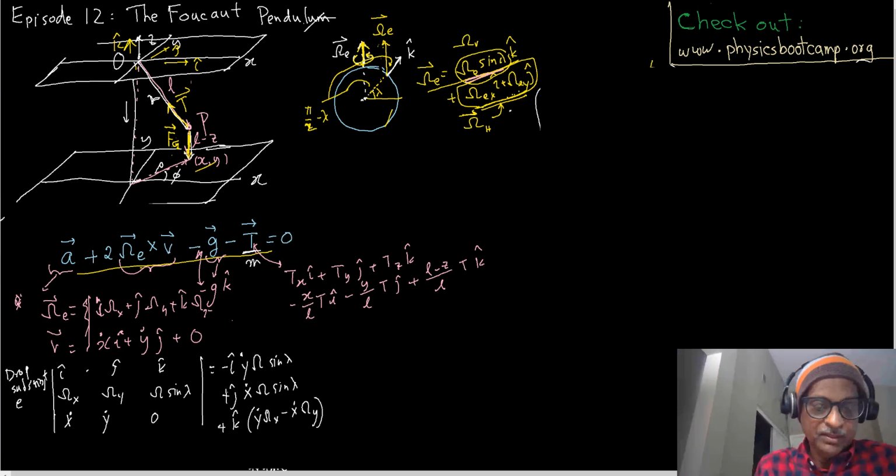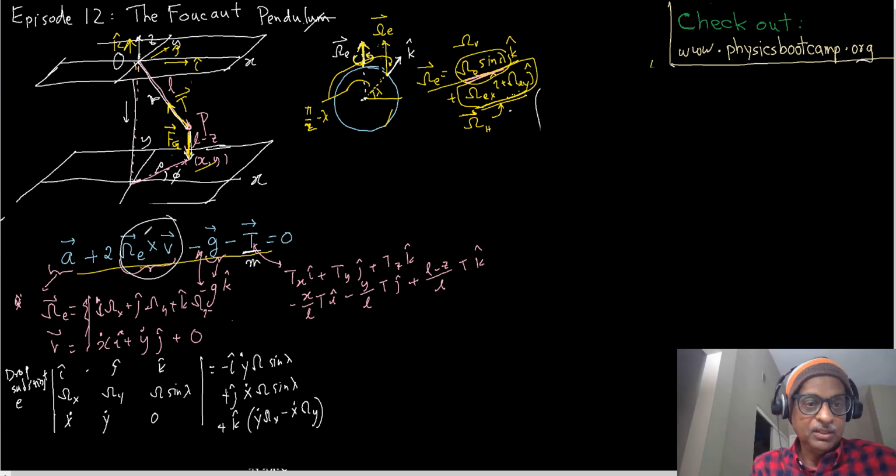Okay, so I worked this out, this cross product. Now I think we're ready to write the whole thing. So the i hat component will be x double dot from here, 2 times this minus 2.